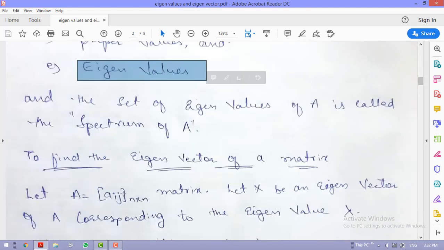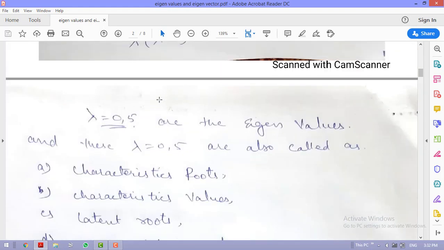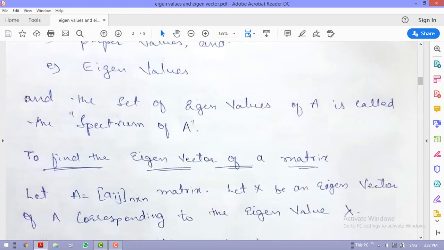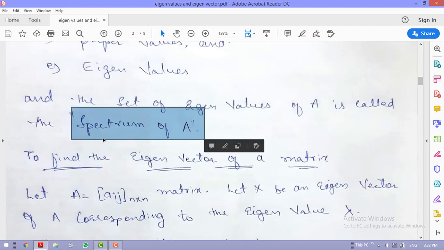Now let us see another term, the spectrum of A. As we got the values of lambda, 0 and 5, this combined set {0, 5} is called the spectrum of A. The definition is: the set of eigenvalues of matrix A is called the spectrum of A. I hope you understood the spectrum of A.